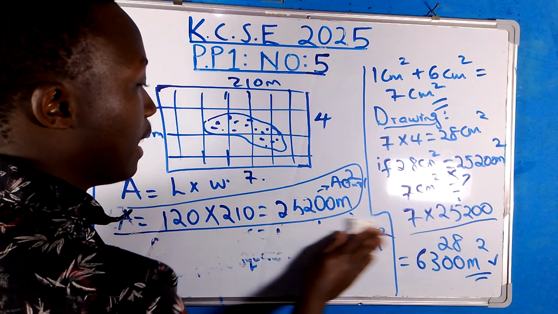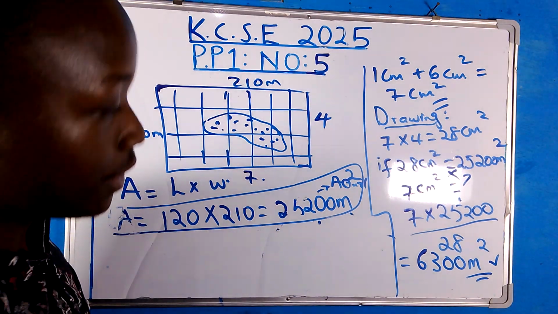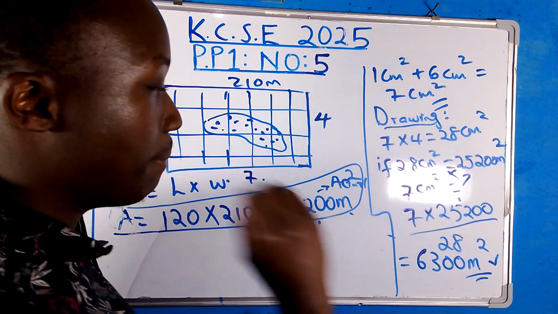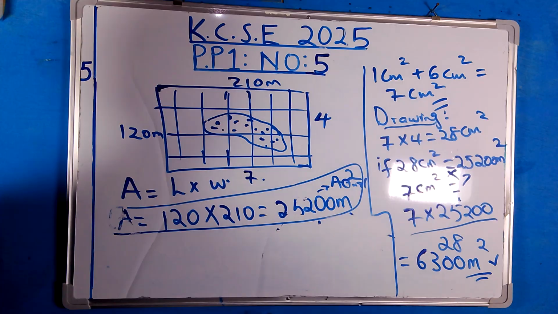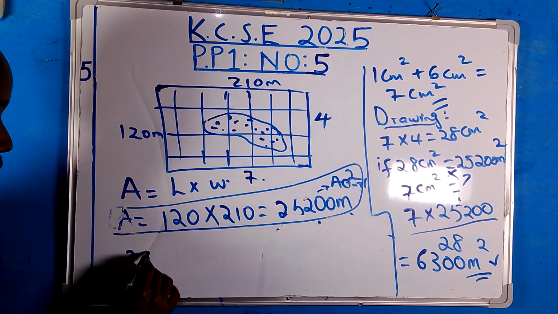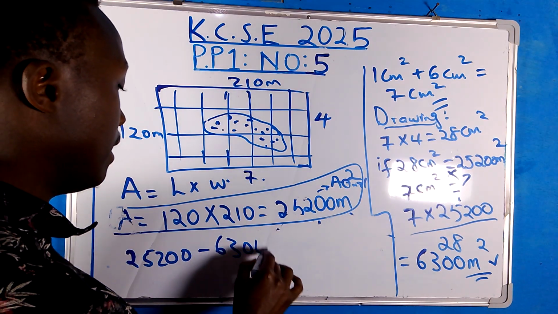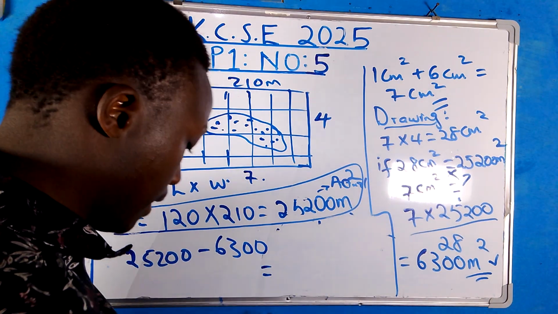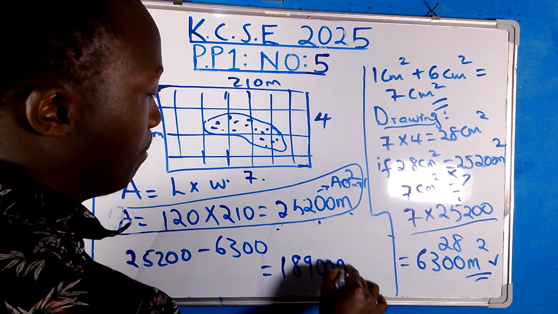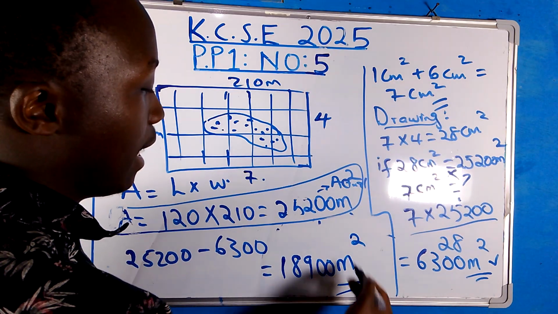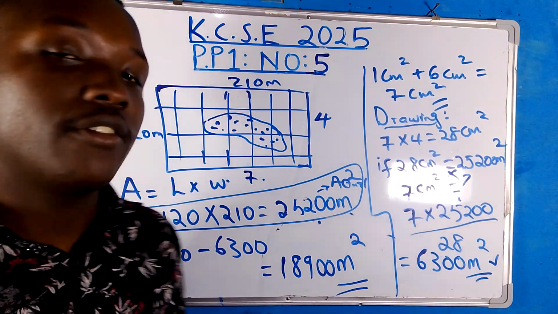So for us to find the unshaded area, we will take the area of the whole farm, which is 25,200 minus 6,300 meters squared. Once we subtract, that will give us 18,900 meters squared. That is the actual area in meters squared that was not flooded.